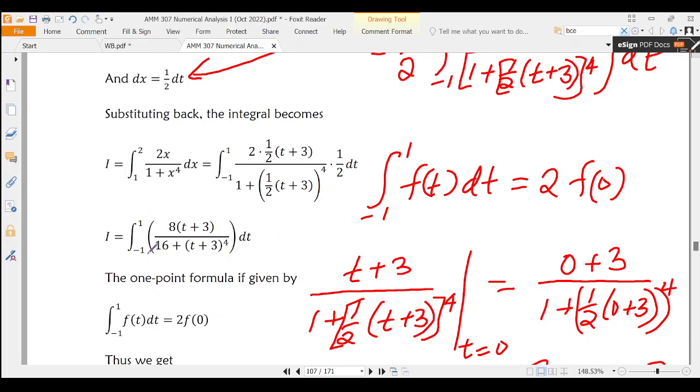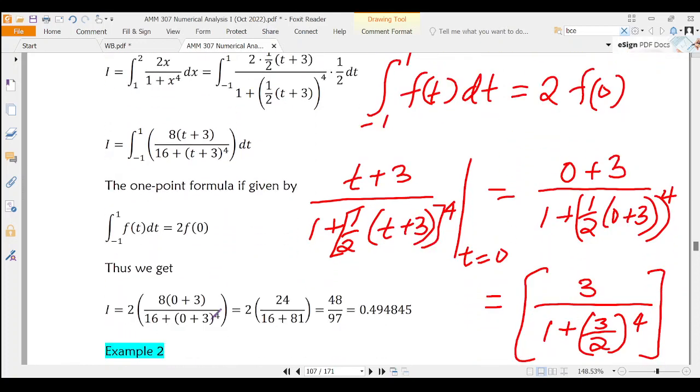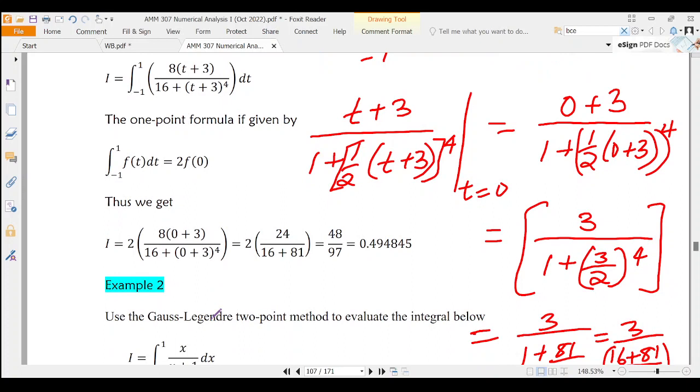Alternatively, we can simplify as we have done here. We multiply out, we multiply by a half, we simplify to get this expression. Then we substitute t equals 0, and then we multiply by 2 as per the formula. We end up with the same result.